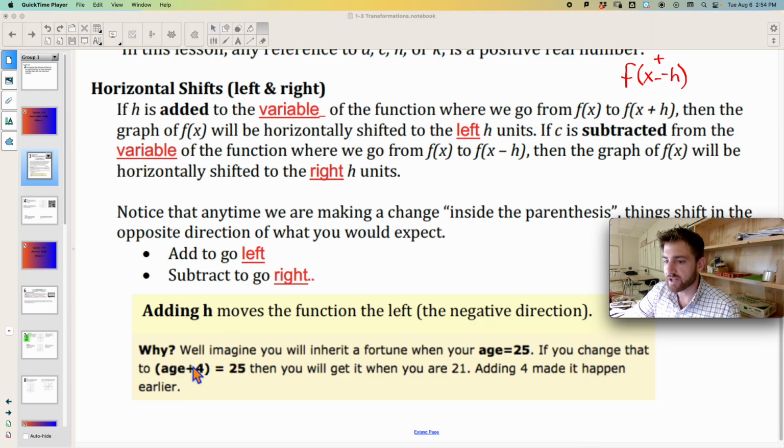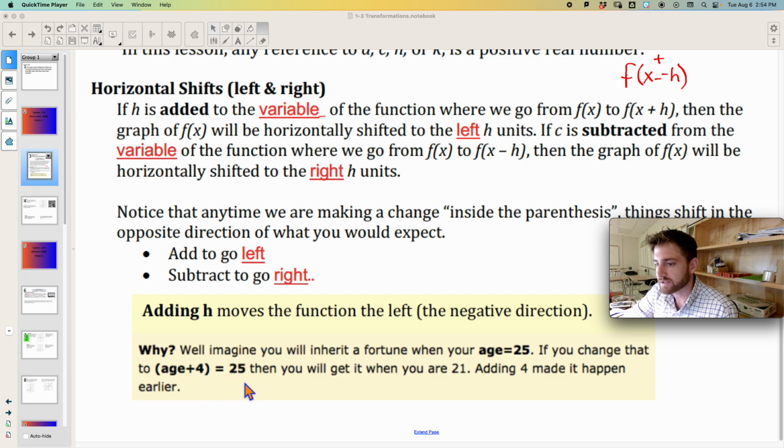We talked about this up here a little bit, where we had f of x minus a negative h. And here's a little analogy. Imagine you will inherit a fortune when your age is equal to 25. If you change that to age plus 4 equals 25, then you will get it when you are 21. Think about that: age plus 4 equals 25.